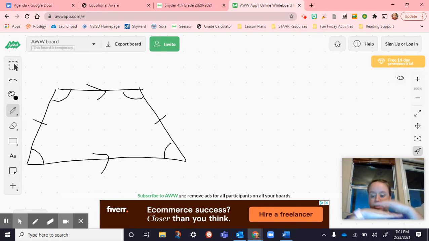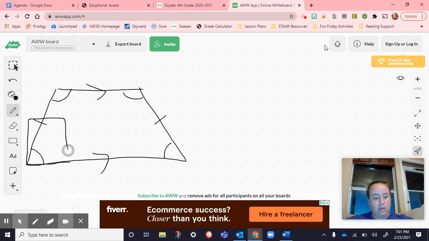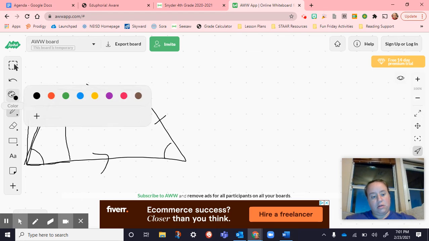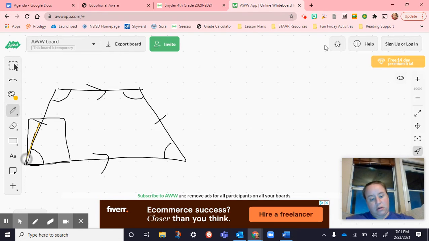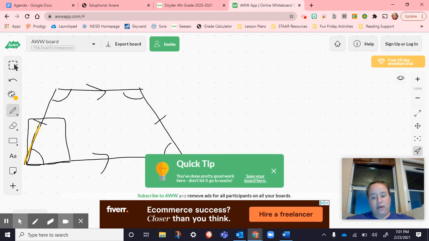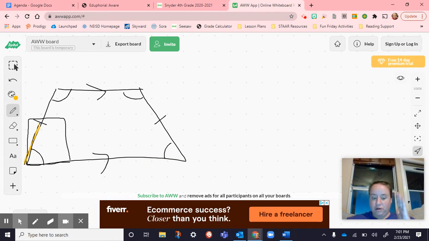Remember, your acute angles are all the small ones, greater than 0 but less than 90, all the way to 89 degrees. When you line up your piece of paper in that corner, notice how the top ray is covered up by the paper. If it's covered, then that angle is acute.